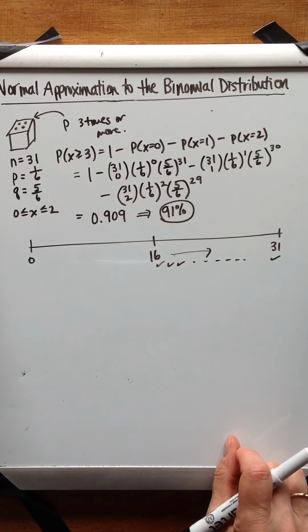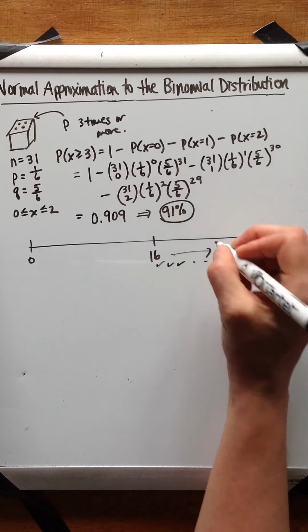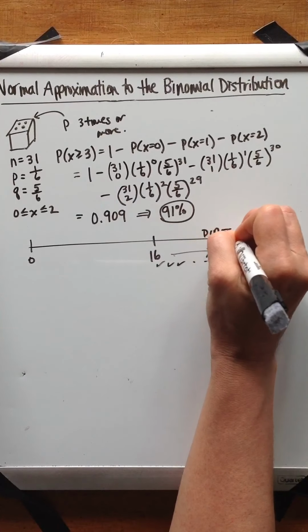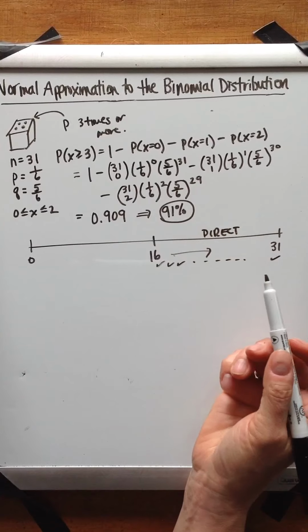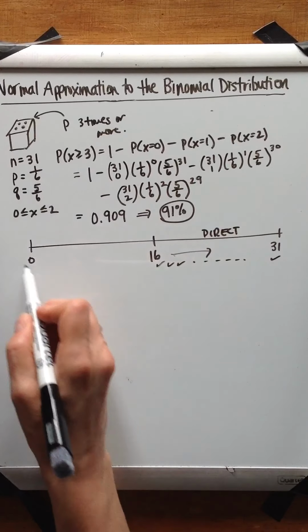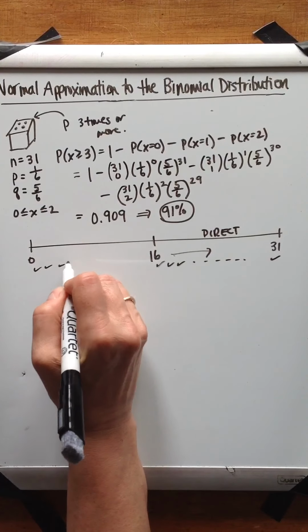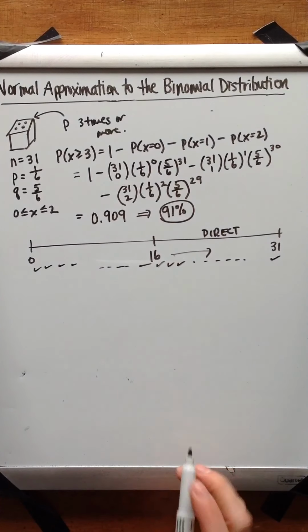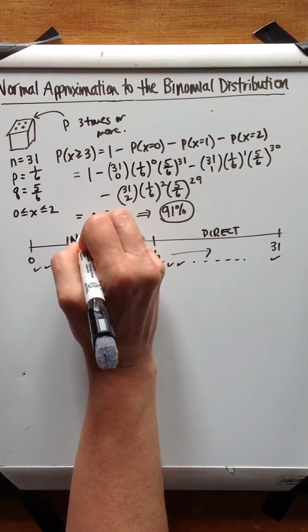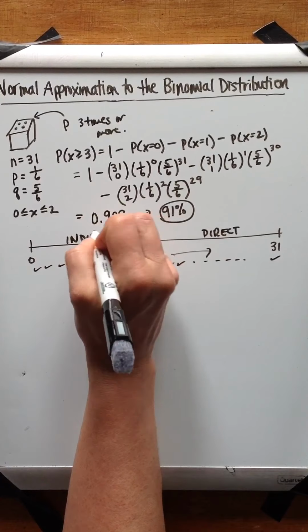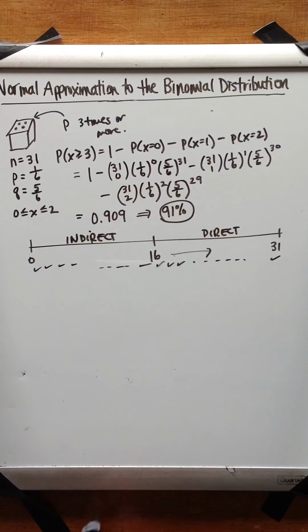That'd be a lot of math. And similarly, so this would be direct. To do it indirectly, we would have to take 1 minus all the scenarios or probabilities we don't want, which are these guys, which again, that's a lot of math.